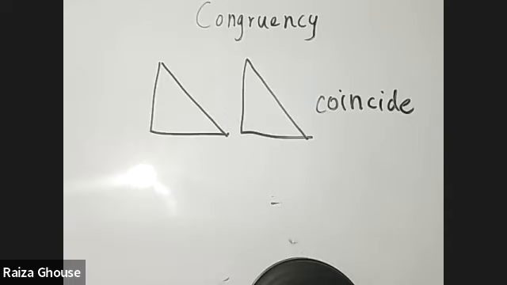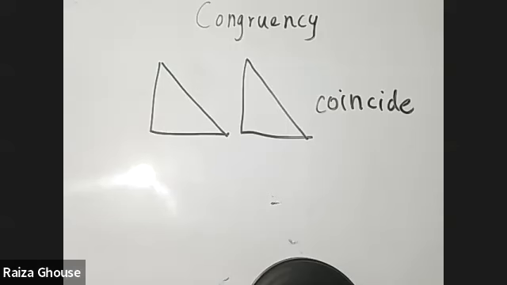Now third point. There are 6 elements in a triangle. They are the 3 sides and 3 angles.